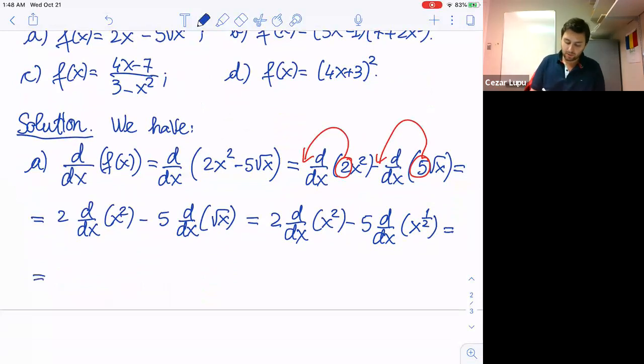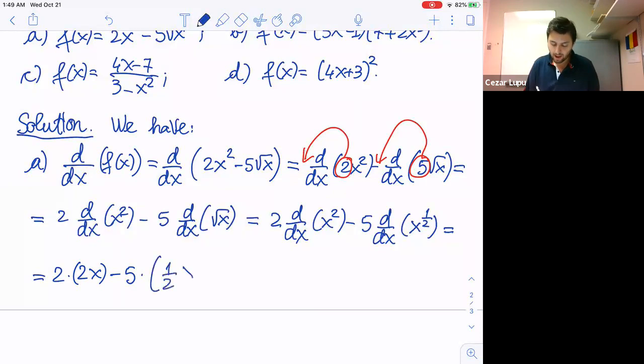And this would be equal to 2 times the derivative with respect to x of x squared, which is 2x, so 2 times 2x, minus 5. And the derivative of x to the power 1/2 will be nothing else than 1/2 x to the power 1/2 minus 1, so 1/2 minus 1.